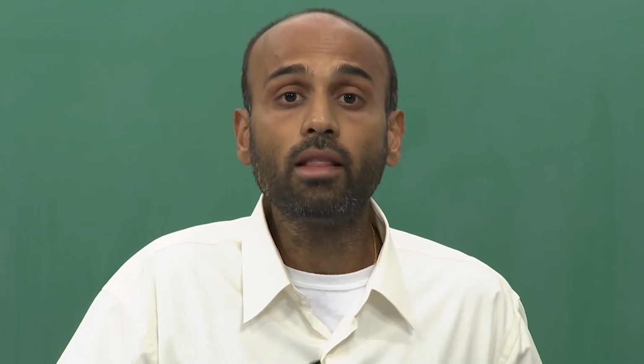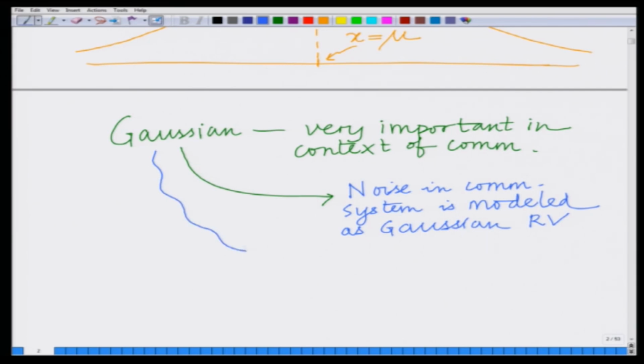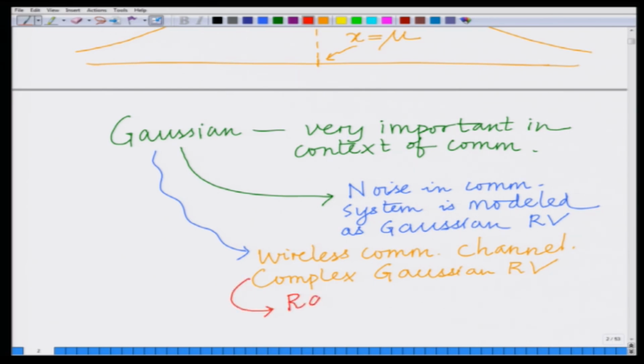That is a complex quantity with the real part and the imaginary part distributed as independent Gaussian random variables, and that is known as a Rayleigh fading channel coefficient.